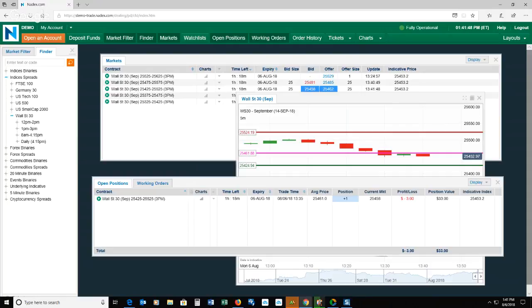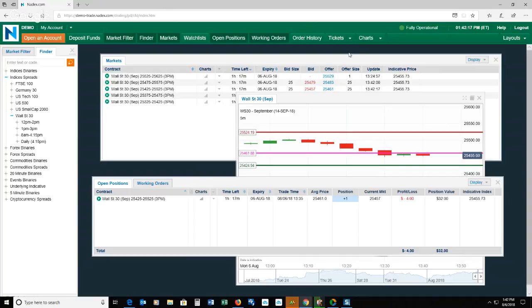Now, some of you may be wondering why I chose the Wall Street 30. It's actually quite simple. I chose the Wall Street 30 because it's $1 per point. It makes it very easy to calculate the actual spread. Now, with the US 500, the US Tech, each one of these markets will be different.